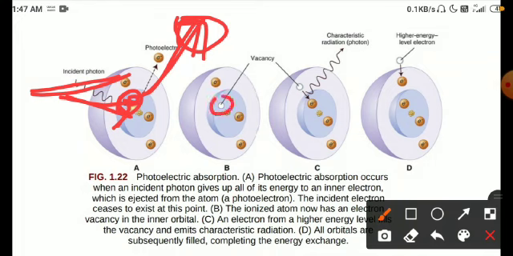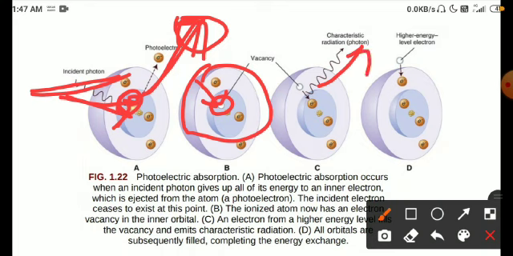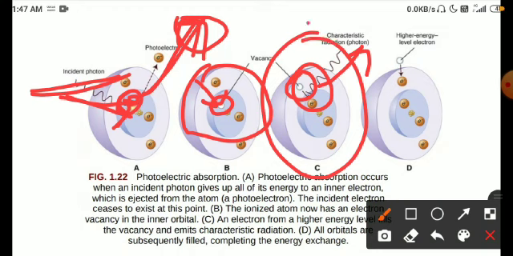This vacancy, or void, is created. This void is filled by the outer orbital electron. These electrons release some characteristic energy, which is the difference of the binding energy of the two orbits, and fill this vacancy. This vacancy is also filled by the outermost electron, which also releases some energy and goes to the inner orbit.